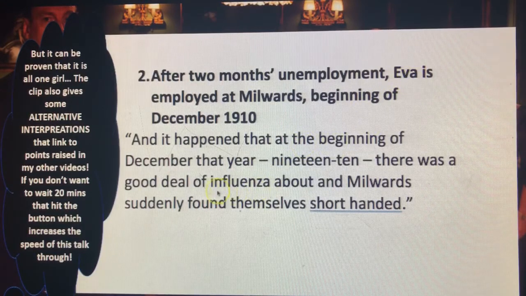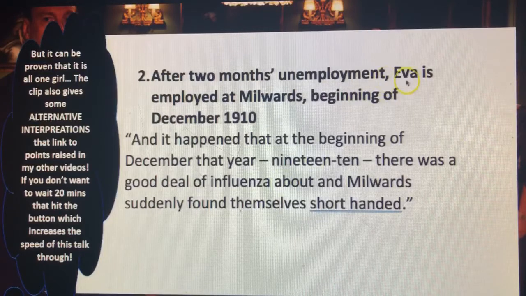Because very often influenza was fatal because there were no antibiotics in those days, and consequently Eva getting the job could well be dependent on somebody having died. So here Priestley's suggesting that an employee depends on the misfortune of others in order to be able to succeed themselves.